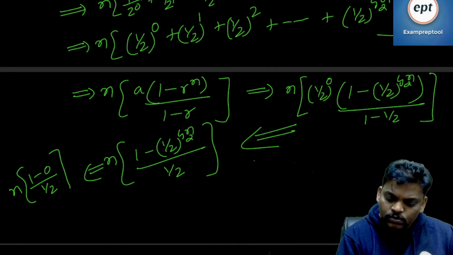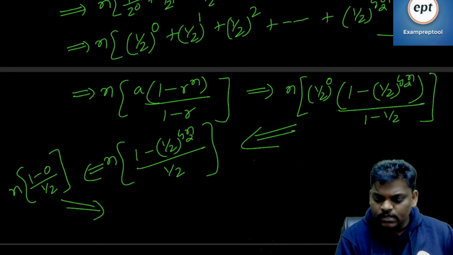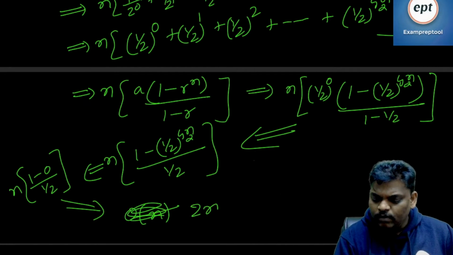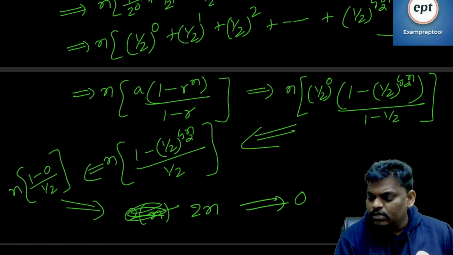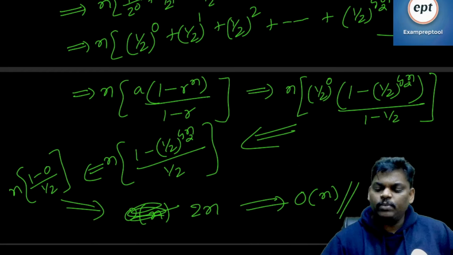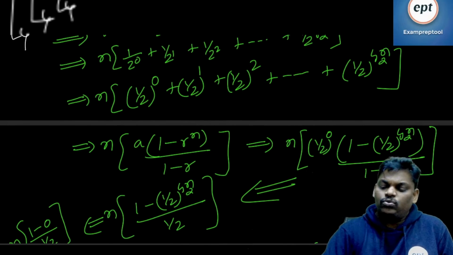So this can be written as order of n. Actually 2 will come, 1 by 2, 2 will come up. So it will become 2n. It will become n. So time complexity of this program is order of n. Please remember how to solve this GP series.